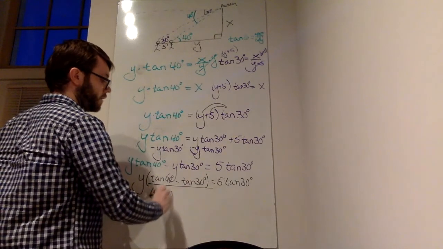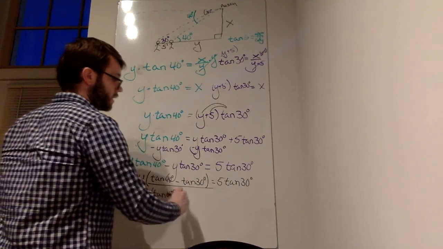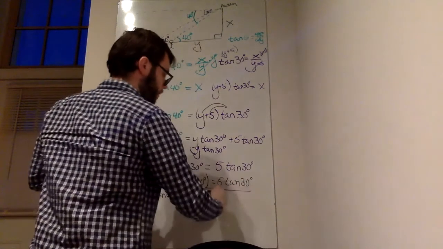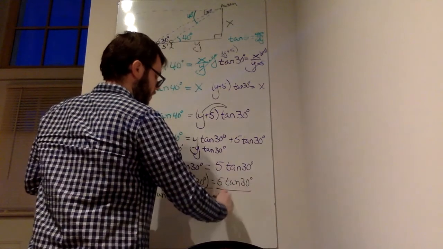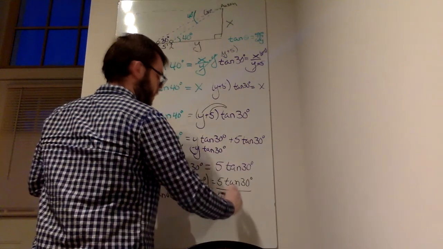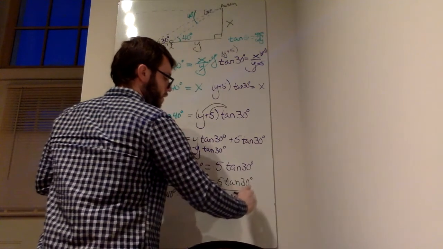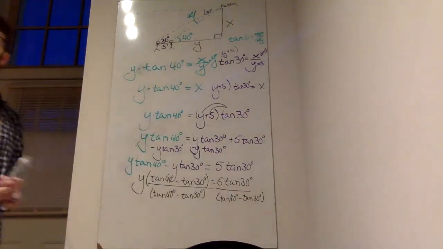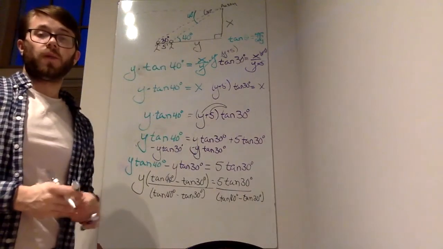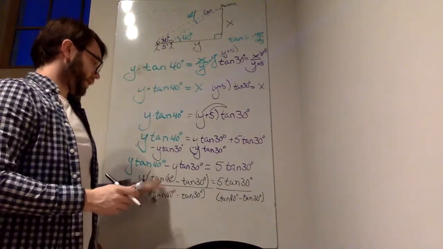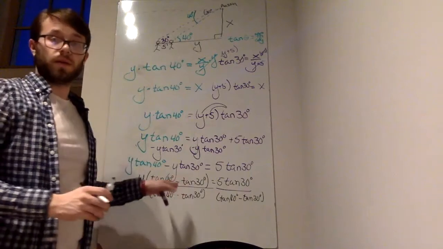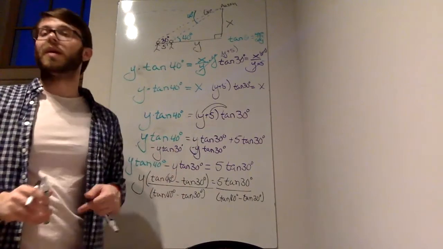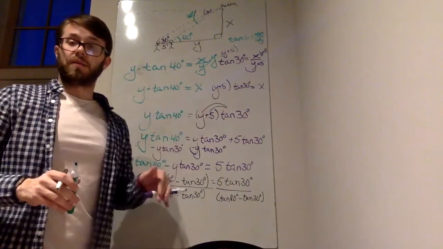Tangent of 40 degrees minus tangent of 30 degrees, divided by tangent of 40 degrees minus tangent of 30 degrees. Okay, so when we do that, this part will cancel. It's some number divided by the same number.